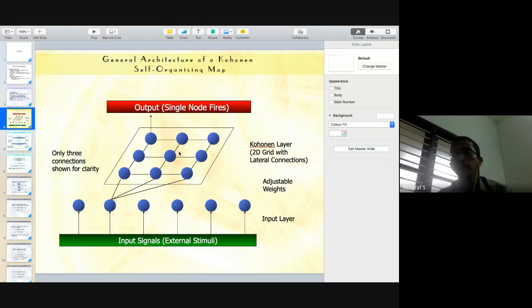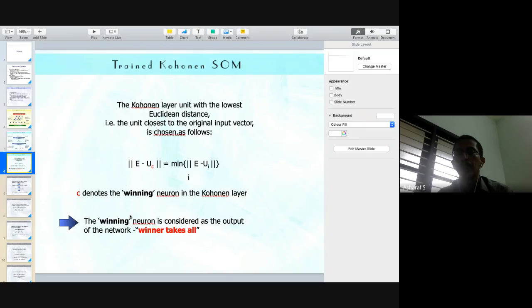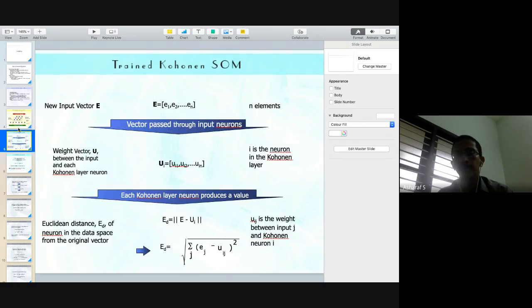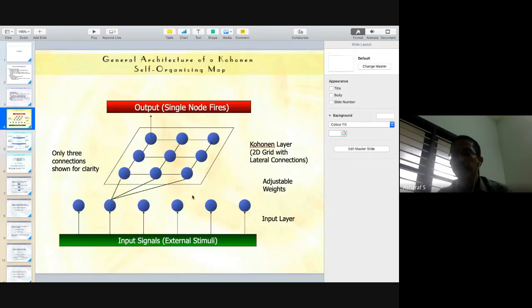Among these neurons, one will have the lowest Euclidean distance, and that neuron will be called the winning neuron, and that neuron will be fired. So what essentially happens is, the input gets presented to the 2D layer.